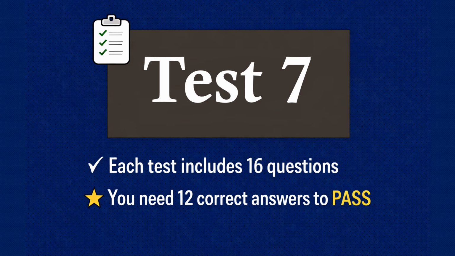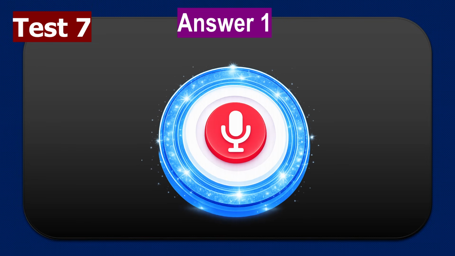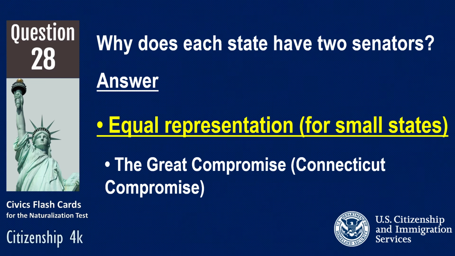Test 7. Why does each state have 2 senators? Equal representation for small states.